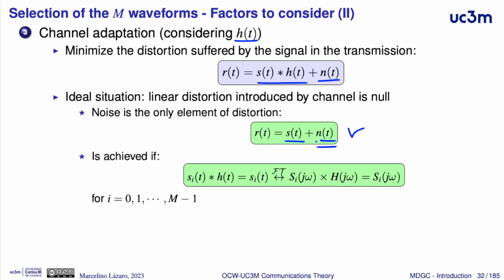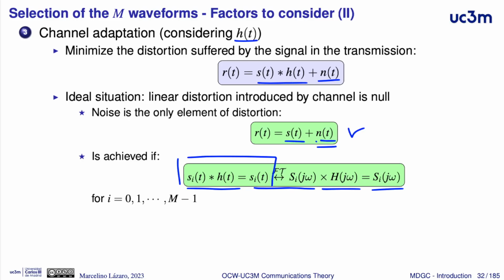To achieve this, the frequency response of every signal must be matched to the channel to produce the same frequency response after the product with the frequency response of the channel. In the frequency domain, it's much simpler to see the condition that must be satisfied than in the time domain when we have convolutions.